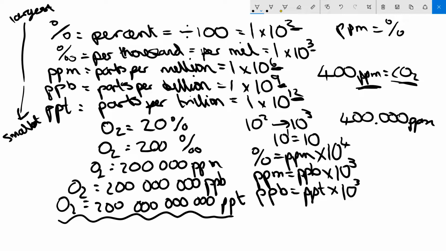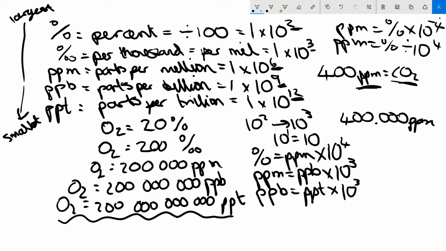Because I am going from a smaller unit to a larger unit this time, it has to be a negative number because the number is decreasing. So it's 10 to the power of minus 4. Then that is also the same as saying parts per million is percent divided by 10 to the power of 4.